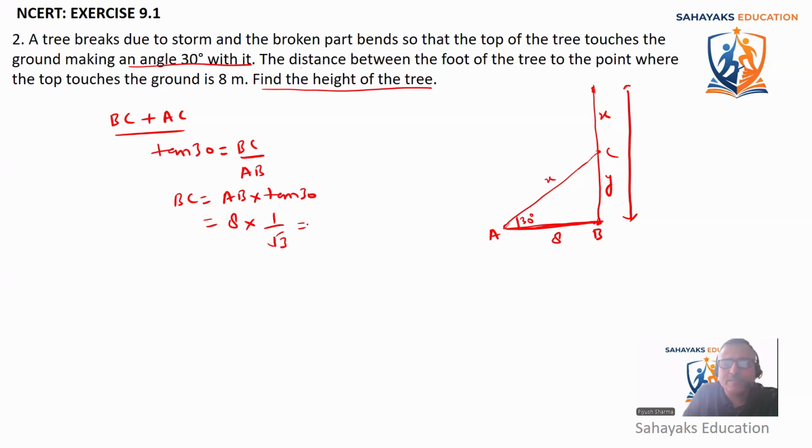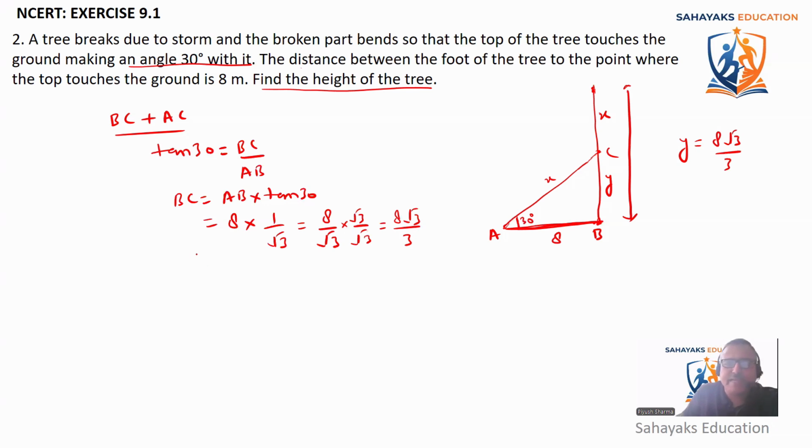So it comes out to be 8 divided by root 3. We'll rationalize the denominator by multiplying by root 3 by root 3. So it comes out to be 8 root 3 divided by 3. So y is equal to 8 root 3 divided by 3. I'll just keep it as it is for now.